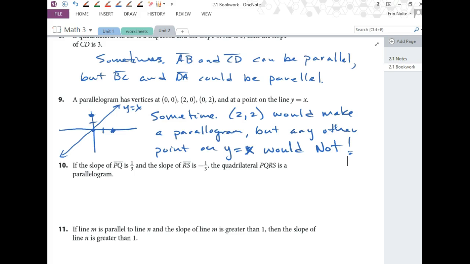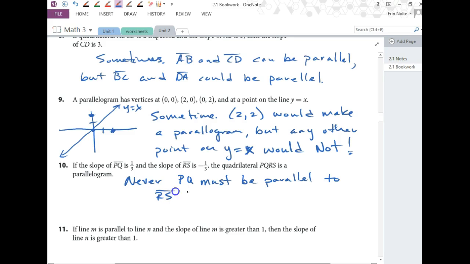Yeah, it would be never. I tried to trick you. Never. So it's a never because PQ must be parallel to RS. So they would have to be the same slope for it to be a parallelogram.